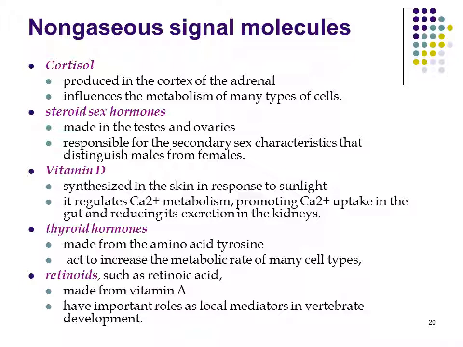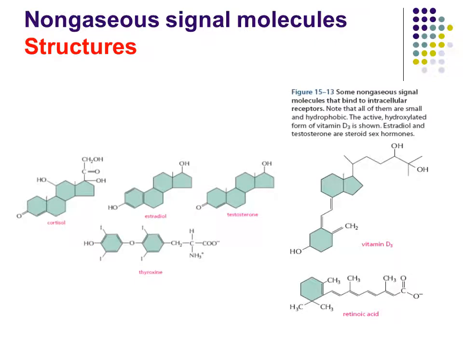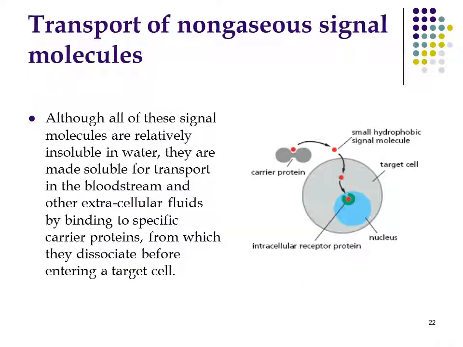Thyroid hormones made from the amino acid tyrosine act to increase the metabolic rate of many cell types. Retinoids such as retinoic acid made from vitamin A have an important role as local mediators in vertebrate development. You can see the structures of some of them clearly in detail.